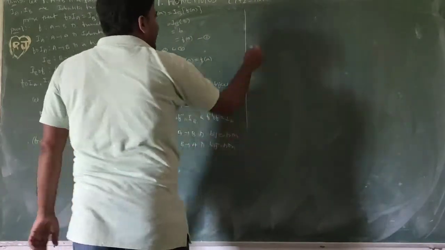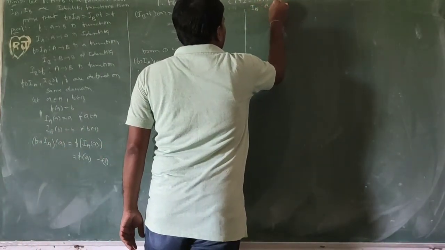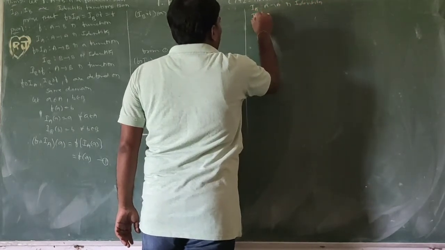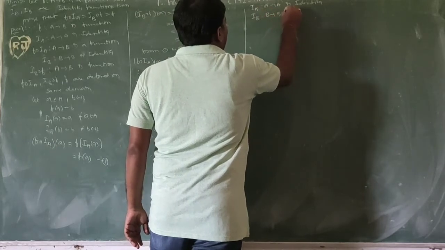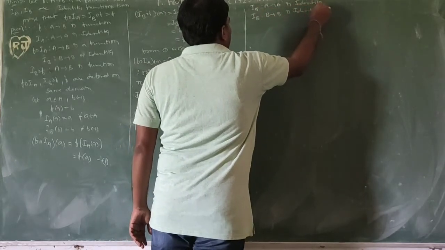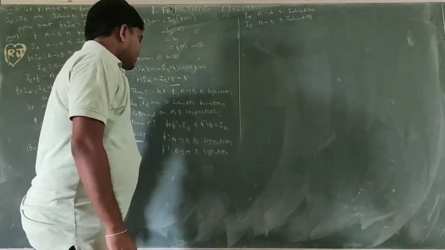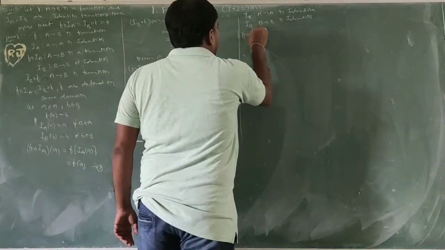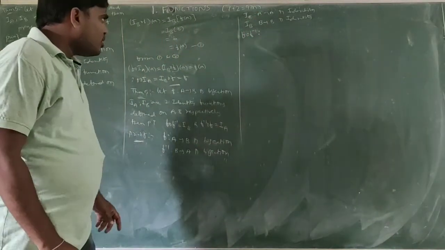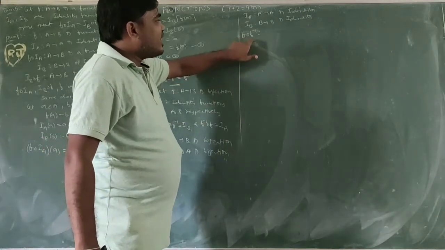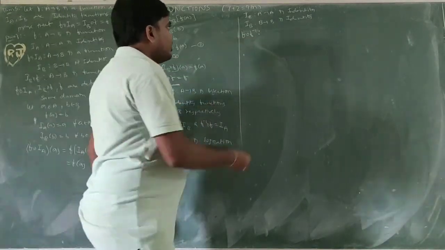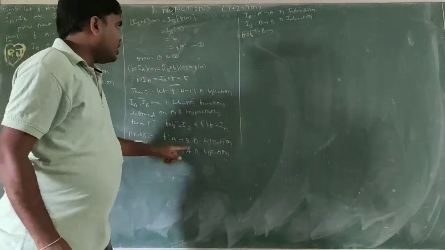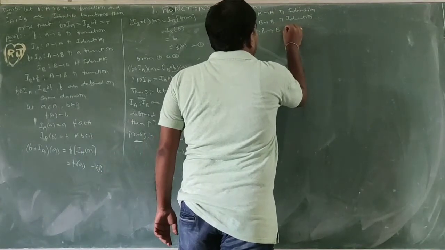Now, the identity function from A to A is IA, and the identity function from B to B is IB. Now F circle F inverse: F inverse has domain B and codomain A, F has domain A and codomain B, so F circle F inverse from B to B is a function.